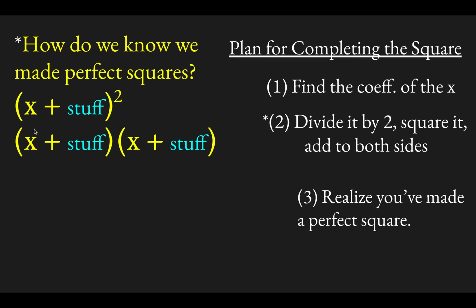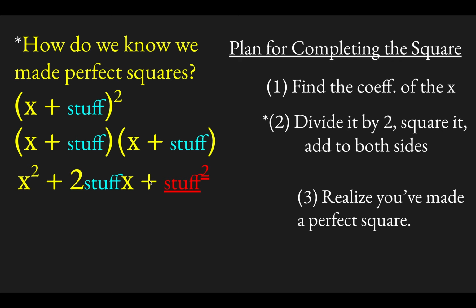When you multiply the first 2 terms together, you get x squared. When you do the outer and the inner terms, you'd get stuff times x, but twice. And then your last term would be stuff times stuff. So your form of a perfect square looks like this: x squared plus 2 times some stuff times x plus some stuff squared.